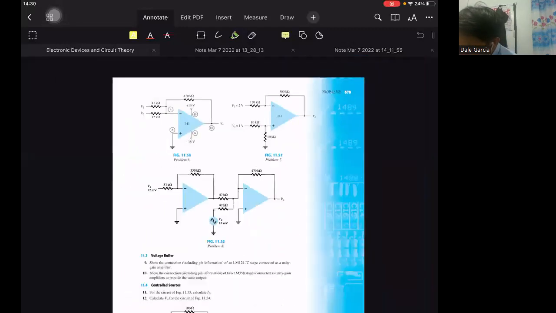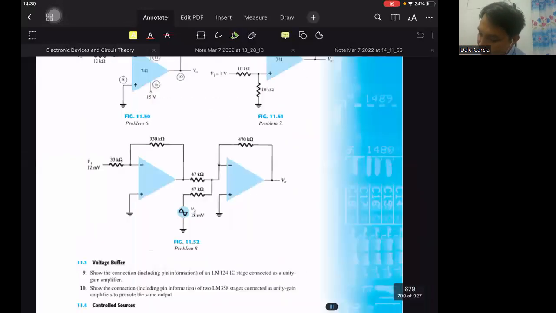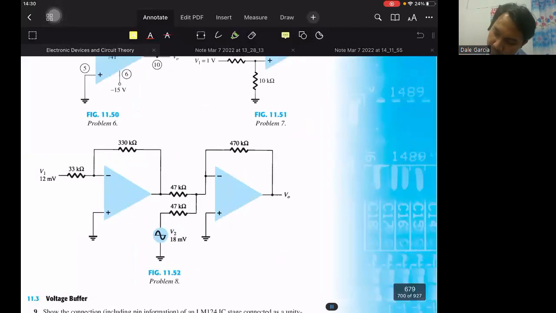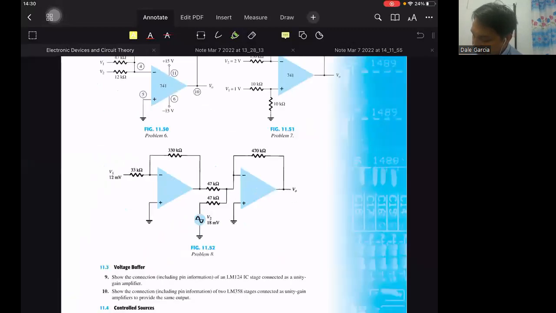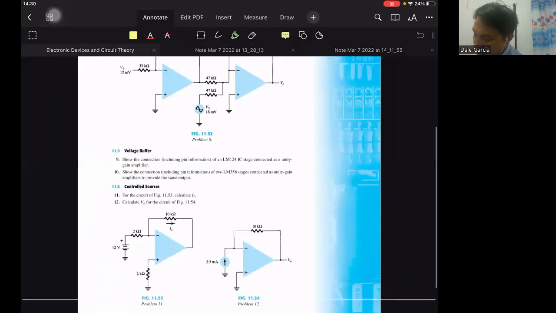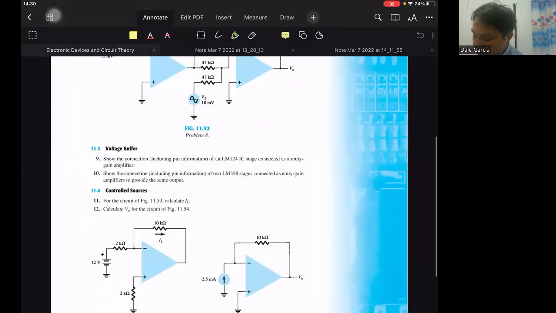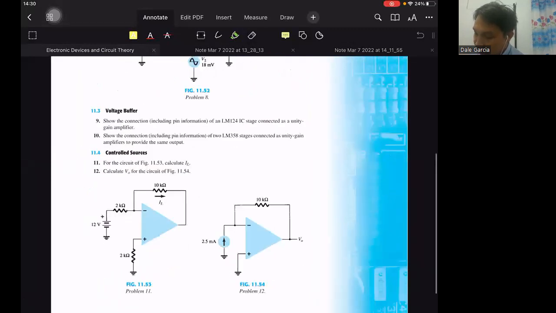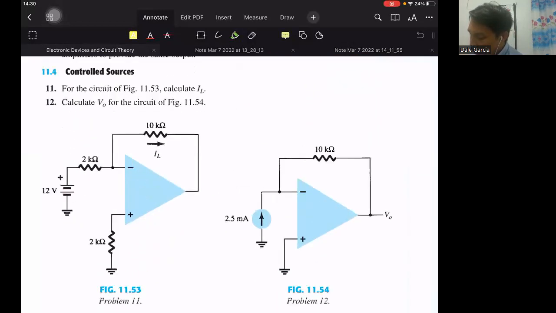Problem number 8: the second stage is summing and the first stage is inverting. That goes for problems 9 and 10. Problems 11 and 12 are probably more challenging.